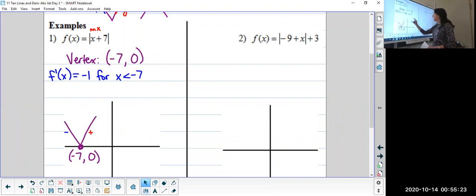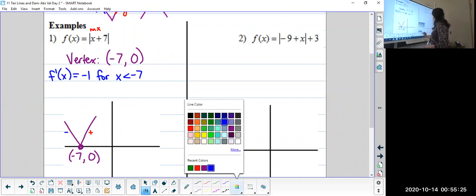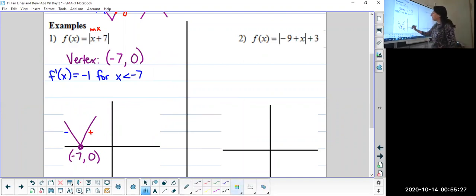And then we can add the next part, the positive right-hand side, and say f prime of x equals +1. Remember, f prime of x is the derivative. That's the slope of the tangent lines. The slope of a linear function is just whatever its slope is, so it doesn't really change in between. For x is greater than -7.